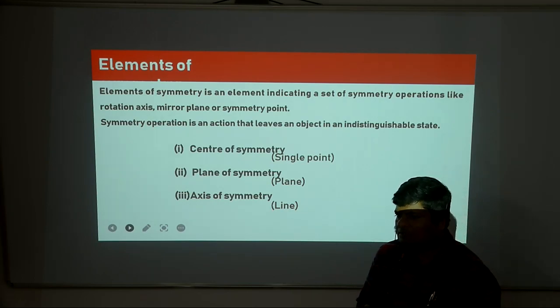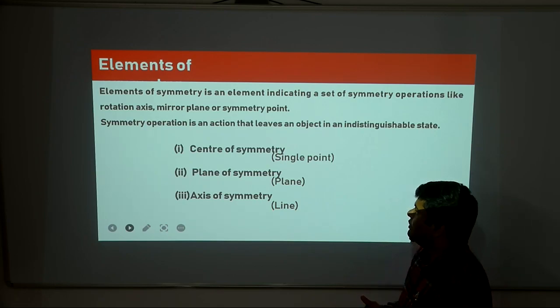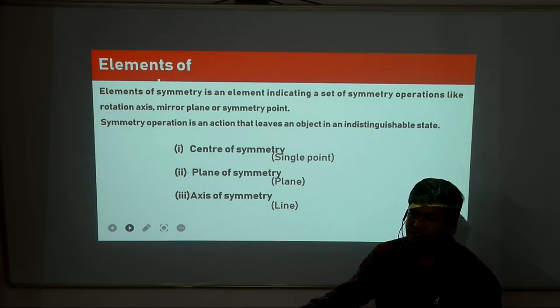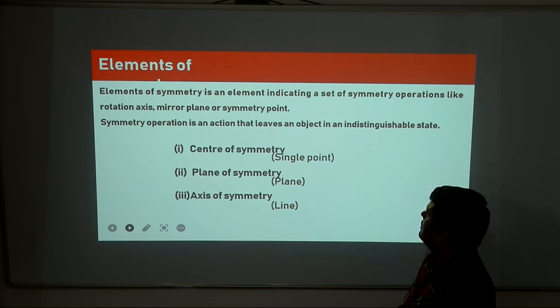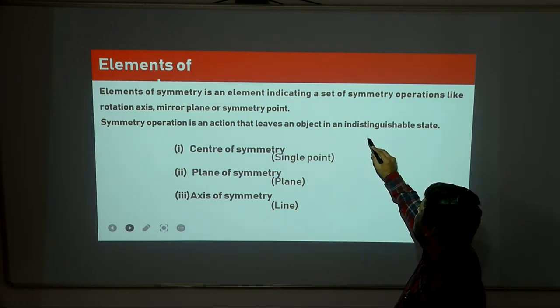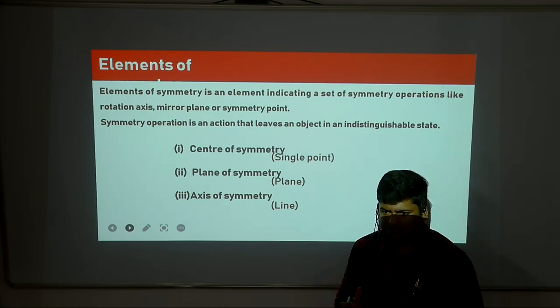Symmetry operation is nothing but one kind of action, an operation which leaves the object in an identical or indistinguishable state or phase.